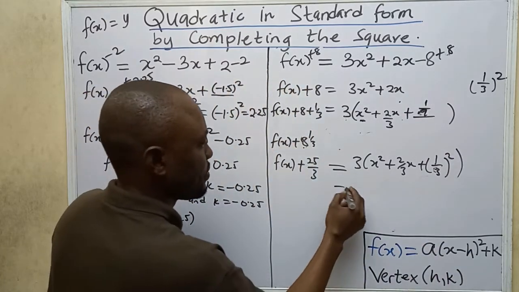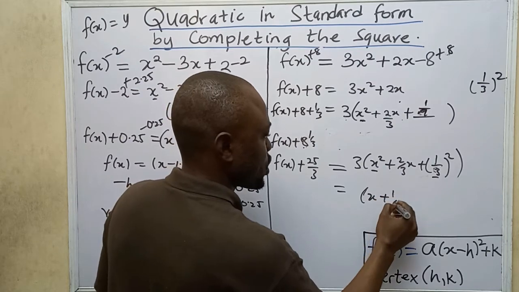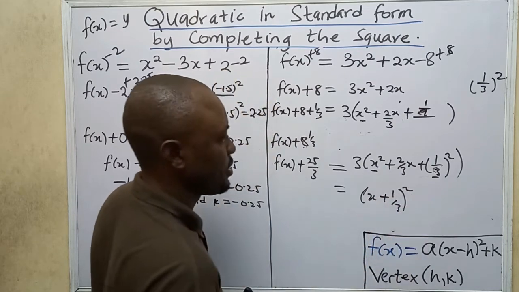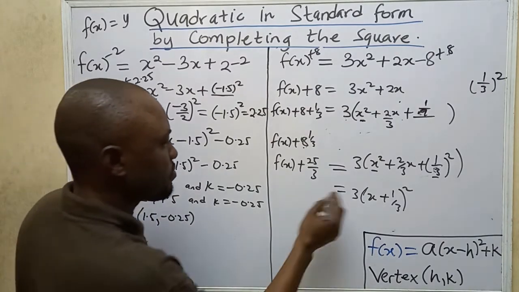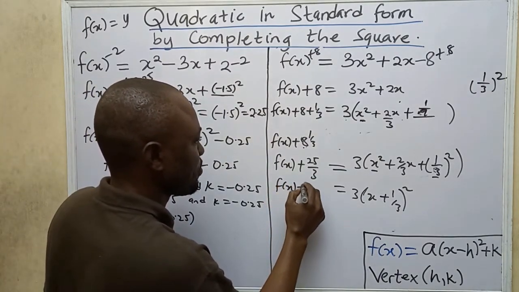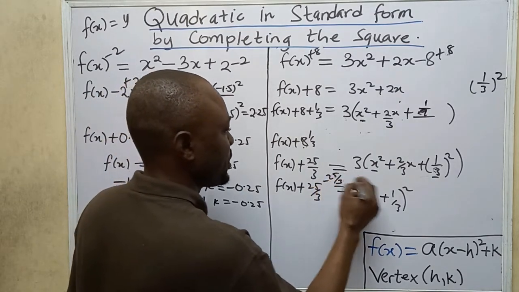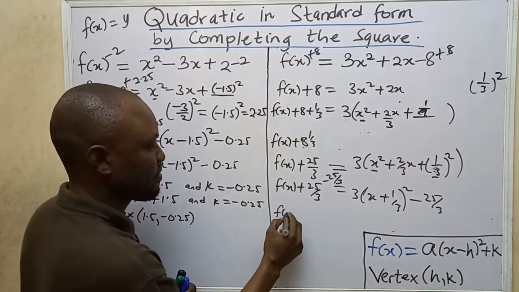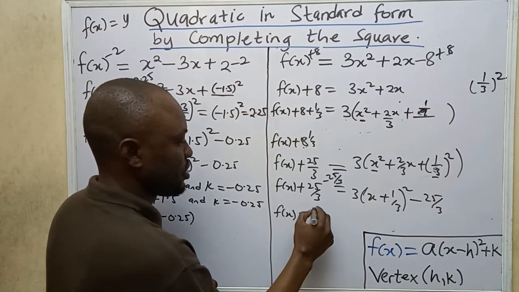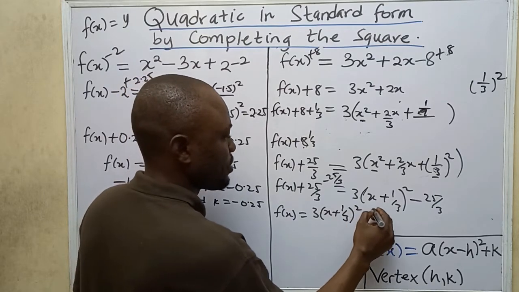So now I have 3 times x plus 1 over 3 all squared. Now, this is f of x plus 25 over 3. So I'll subtract 25 over 3 from both sides of the equation. Now my f of x will be 3 into bracket x plus 1 over 3 all squared minus 25 over 3.